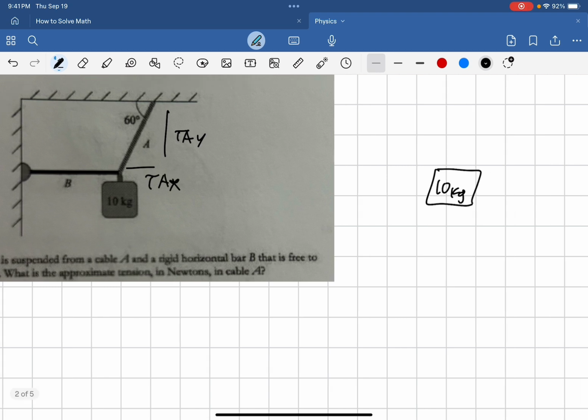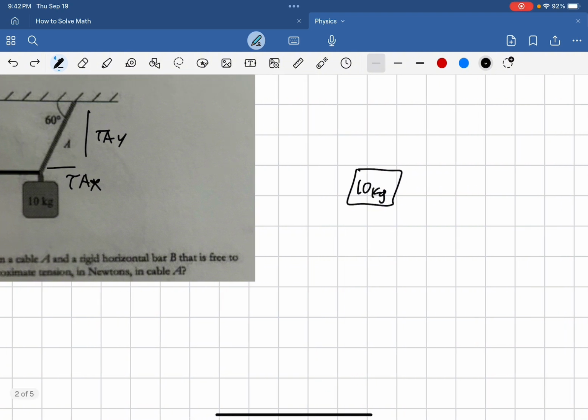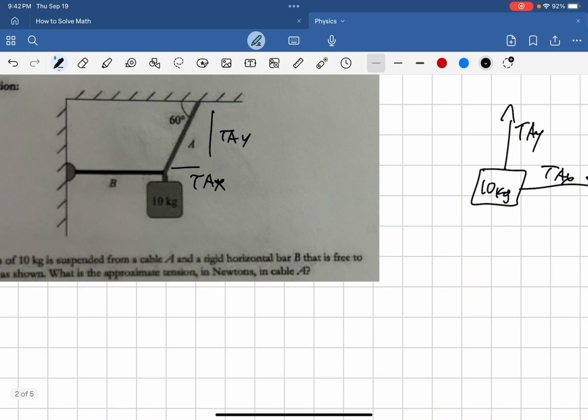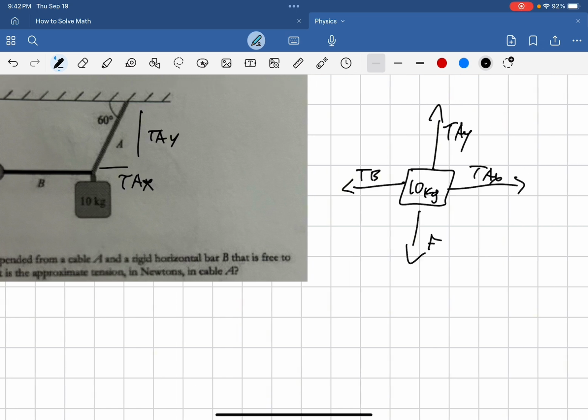So let me make this longer. We're going to have T of A x and T of A y here, and then T of B is just in the x direction, so I'm just going to say T of B, and we can't forget F of g.